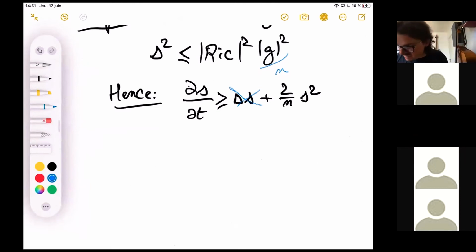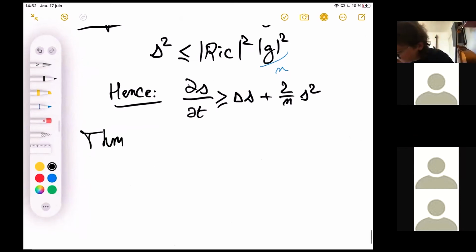So it's an ODE-PDE comparison principle. Let me state it maybe. Theorem. In that form, maybe you found it for the first time in Hamilton, but people doing parabolic PDEs have used that for ages.